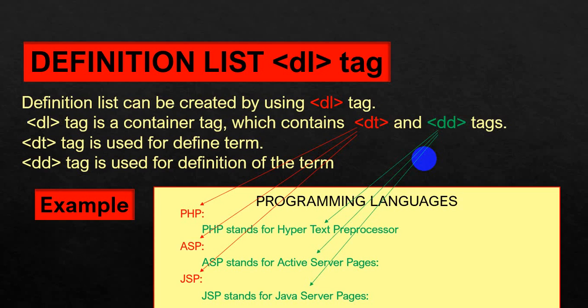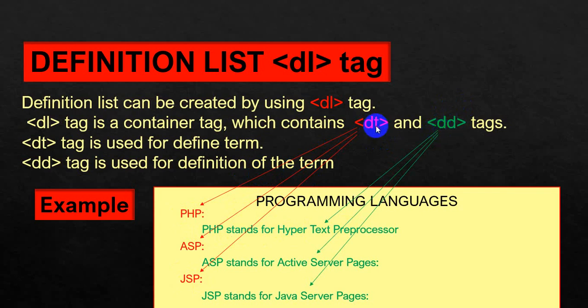DT tag is for defined term, meaning which term you want to define. I have highlighted the DT tag: PHP I have written, ASP I have written, then JSP I have written. So these terms can be defined by using the DT tag, and the actual description of these terms can be displayed by using the DD tag.